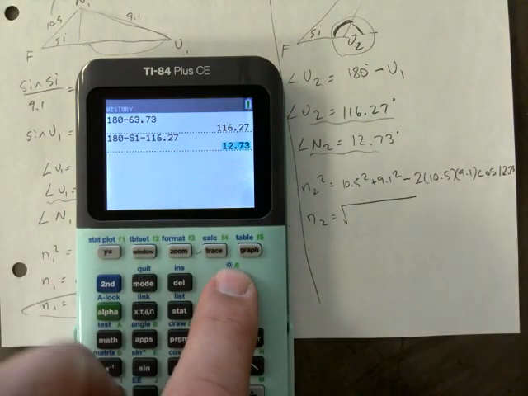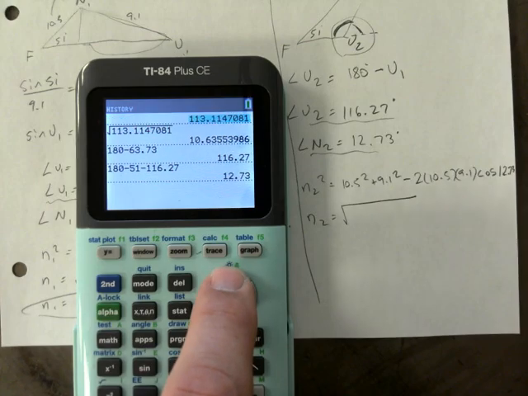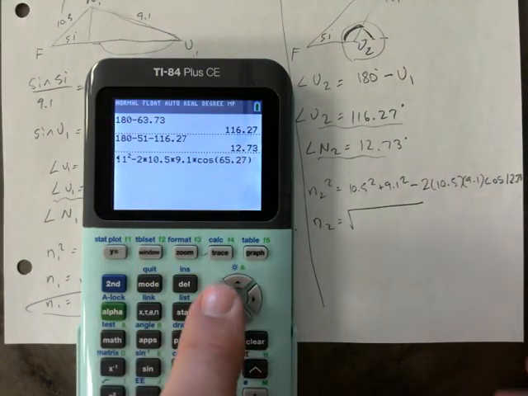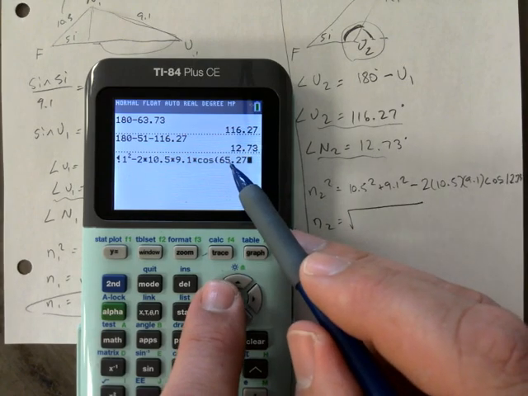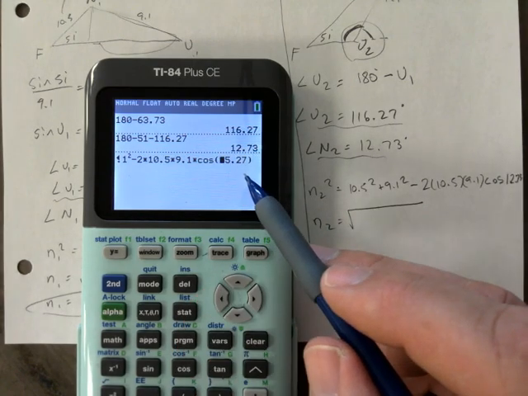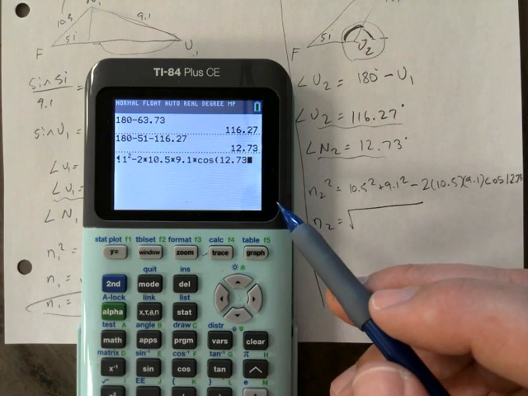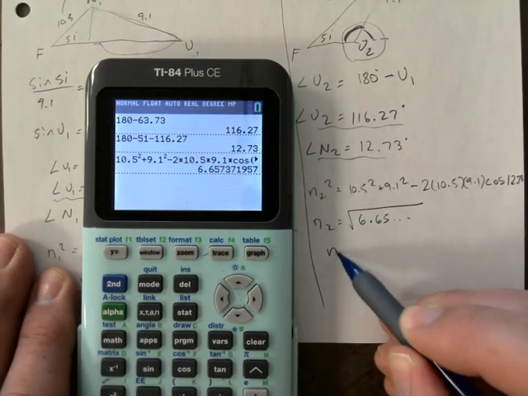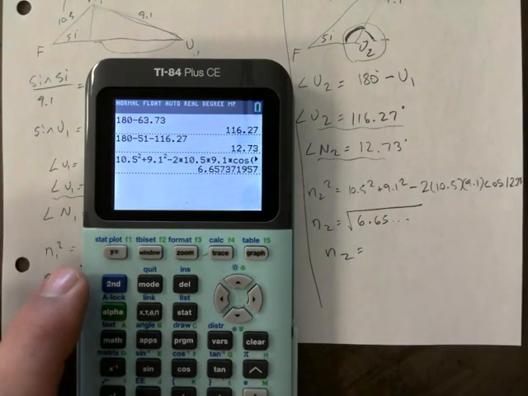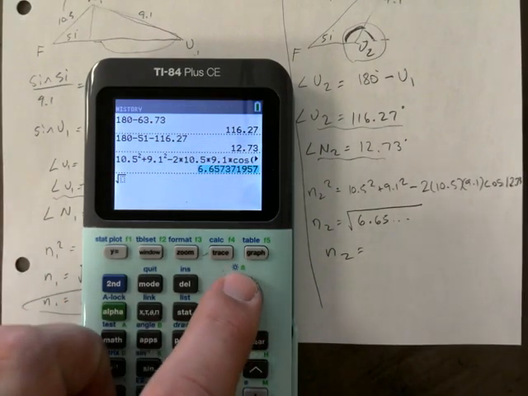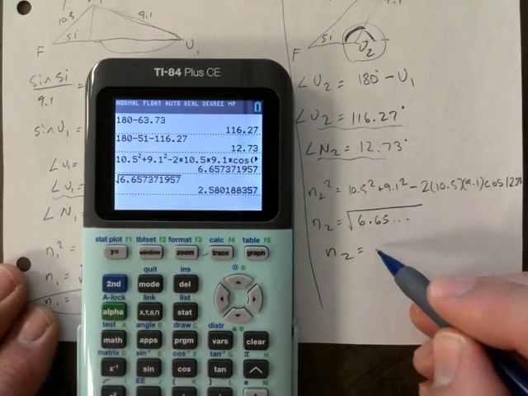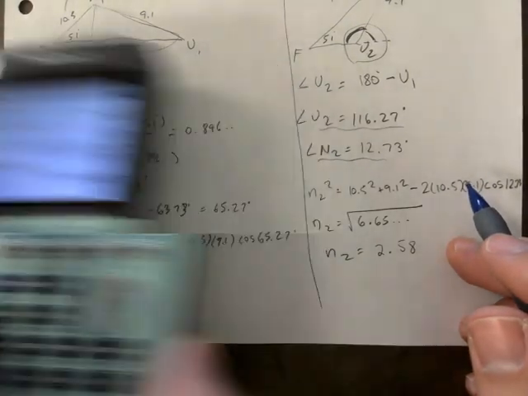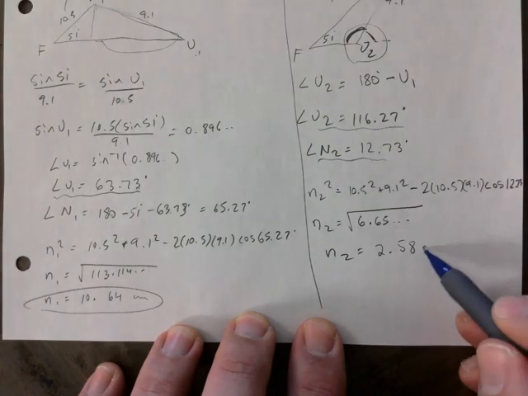So I'm going to copy my previous cosine law entry, this one, but I'm going to replace this with 12.73 here. Hit enter. So you get 6.65 and something. Then I'll take the root of what I just got. So my answer is 2.58, and we are in centimeters.